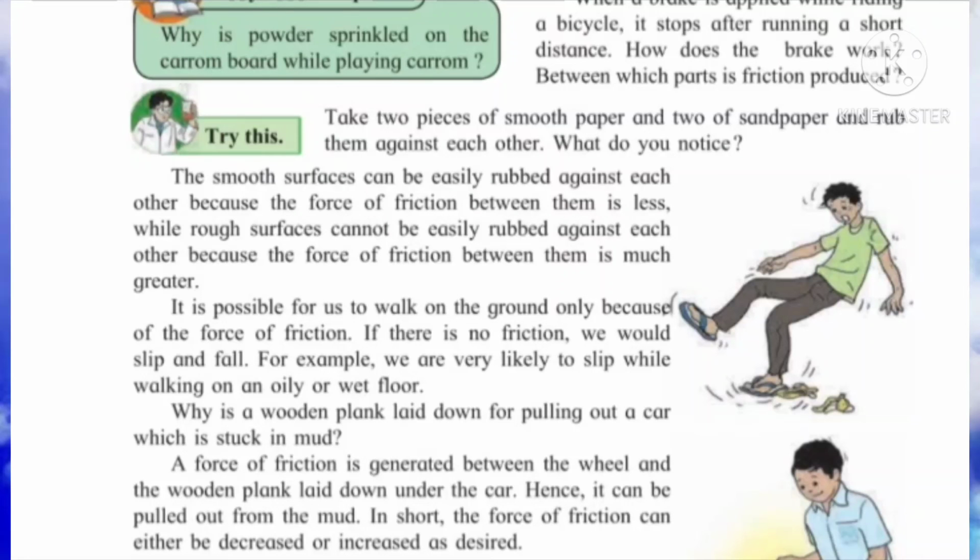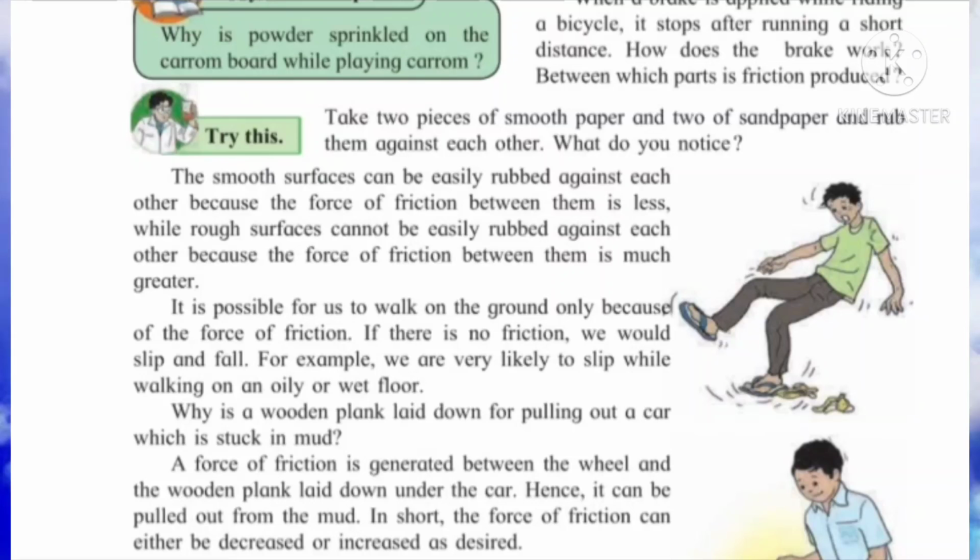If the force of friction is not there, we would slip and fall. We are very likely to slip while walking on an oily or wet floor. Why? Because there is less frictional force, so we fall down.